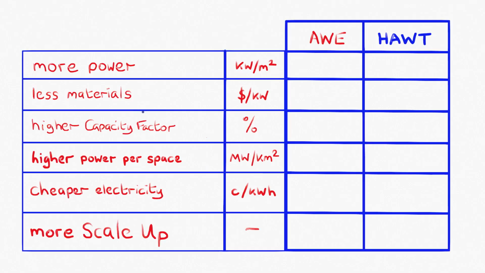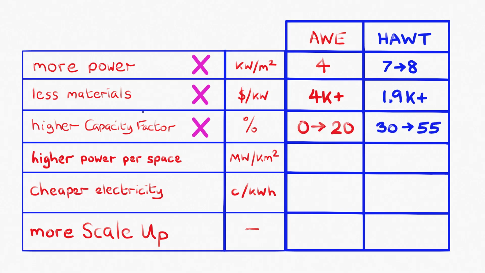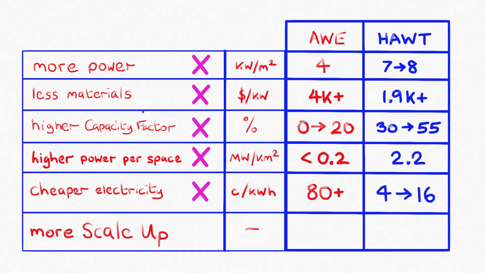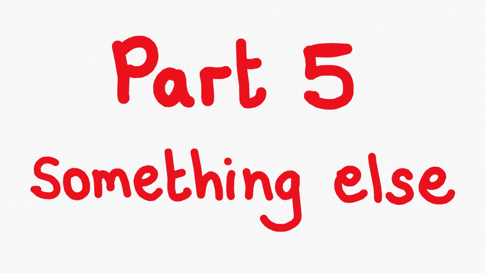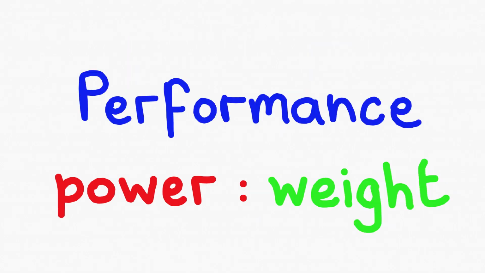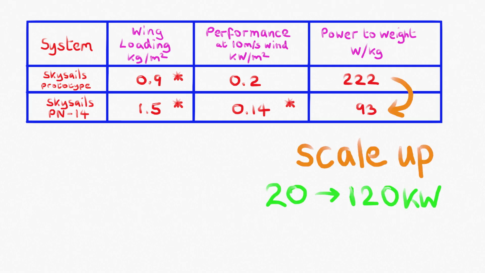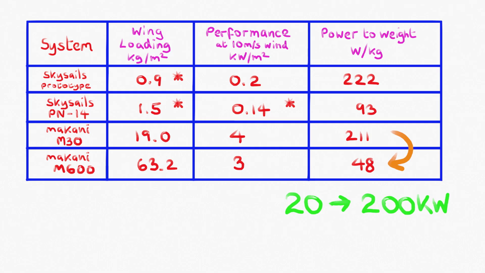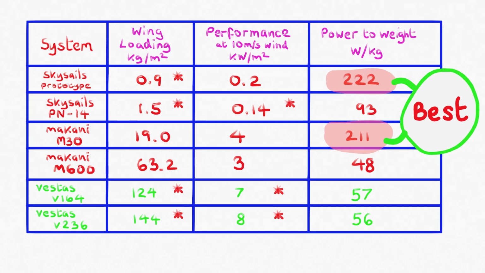So, how does airborne wind energy compare to large-scale conventional wind turbines? Small-scale airborne wind energy fails on every metric, and scale-up is even worse. Small-size prototype airborne wind energy systems have a higher power-to-weight ratio than large-scale conventional wind turbines.